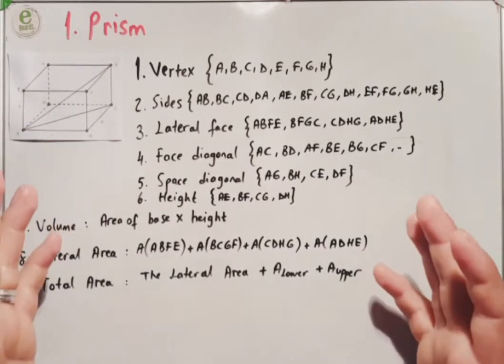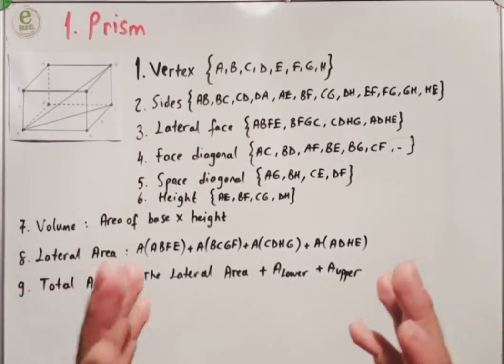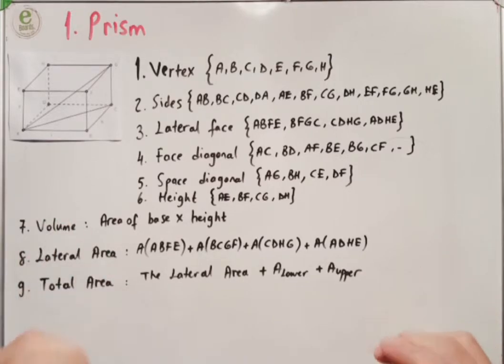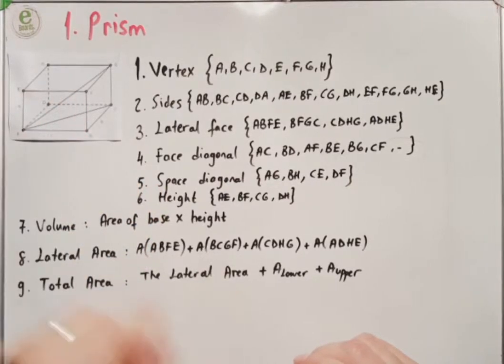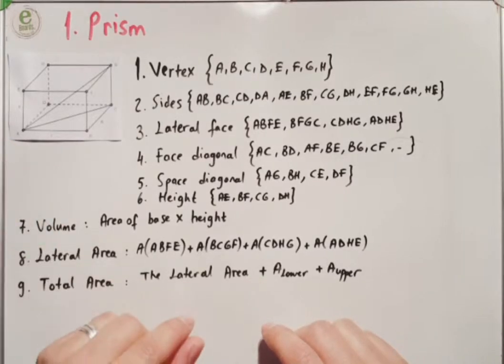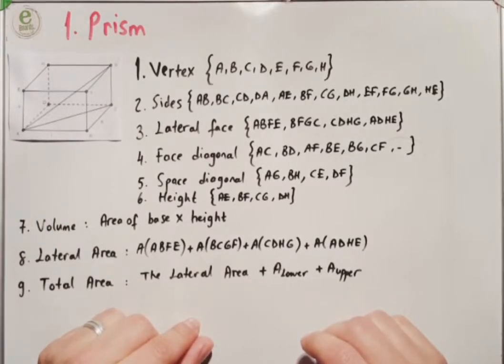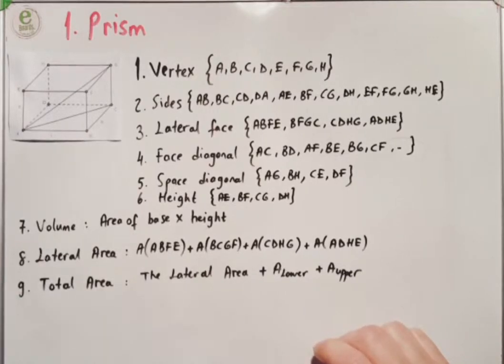And how can you find the volume, lateral area, and total area of the prism? To find the volume of the prism, we take the product of the area of the base and the height. For the lateral area, the area of ABFE plus the area of BCGF plus the area of CDHG plus the area of ADEH will be the lateral area of the prism.